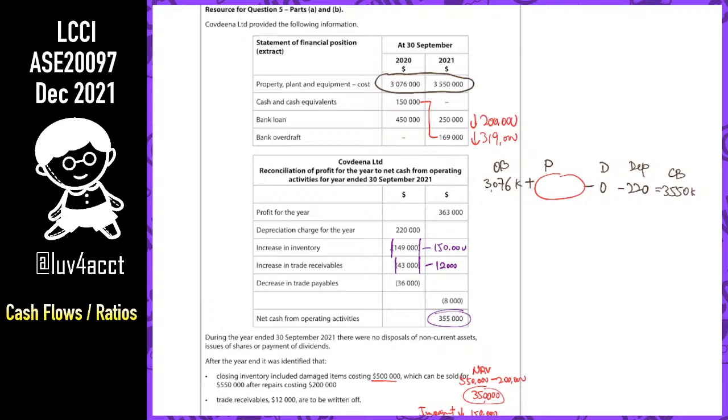So with this equation, we can find the purchases here, if there's any. 3076 minus 220. Let me do it again. 3078 minus 220.